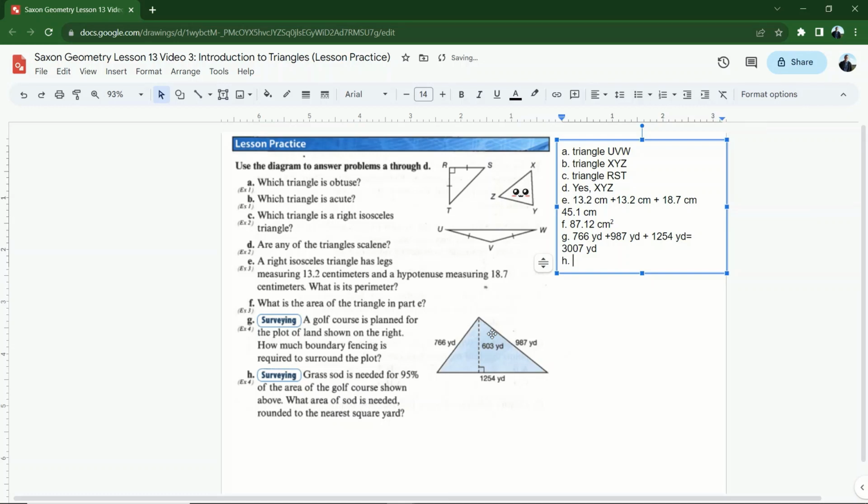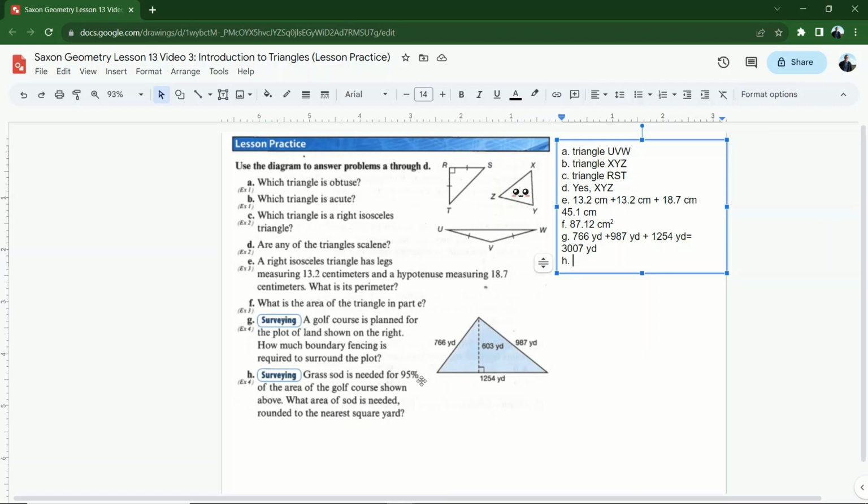All right, letter H. This one is a little hard. Not really, but kinda. Grass sod is needed for 95% of the area of the golf course shown. What area of sod is needed, rounded to the nearest square yard? So what I need to do is find a base times a height. I don't know that this is a right angle here, although it looks like it might be a right triangle. Actually, now that I look at it again, it looks a little off.